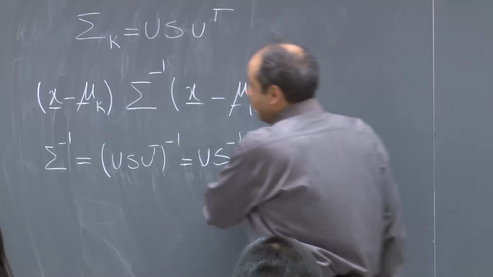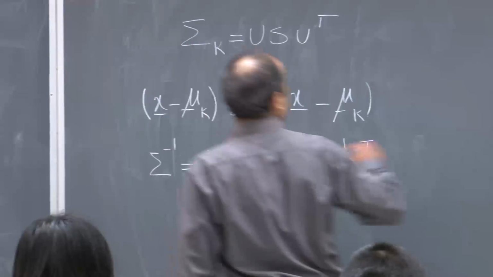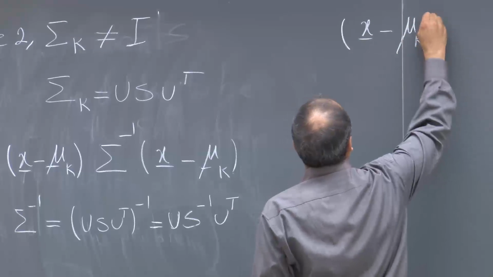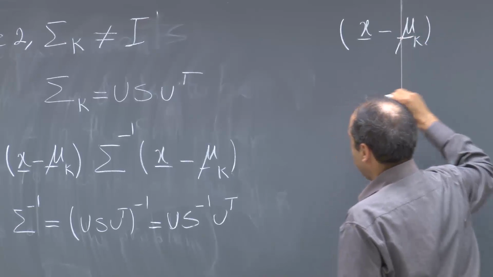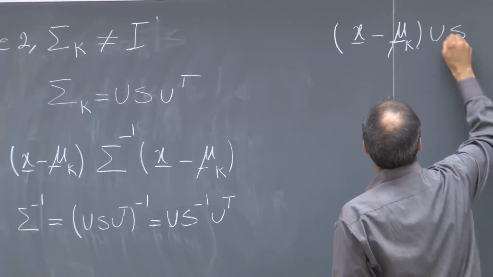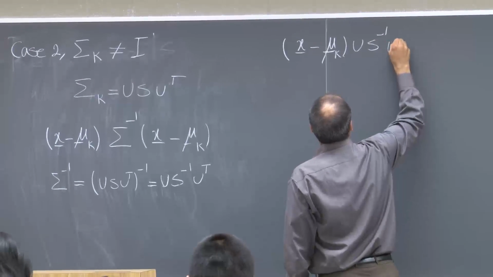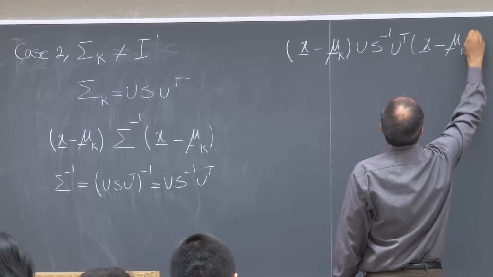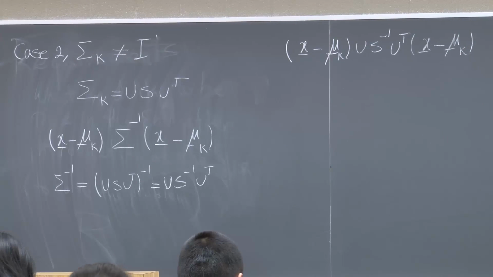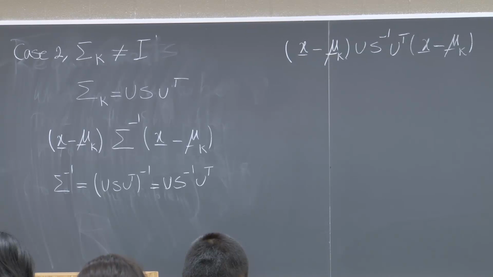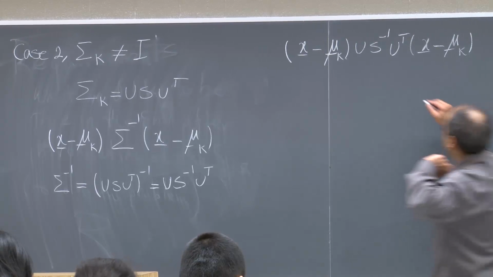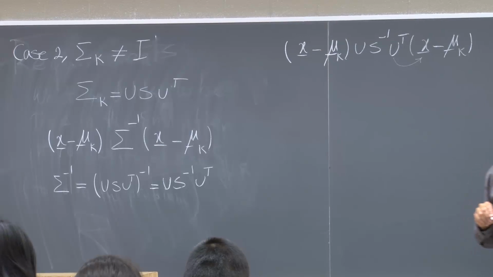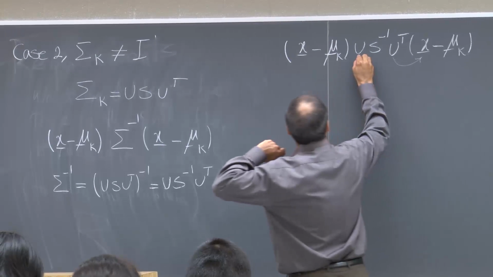Okay, I can substitute this here. It's going to be X minus mu K, U S inverse U transpose, X minus mu K. So next step, I'm going to take this U inside this bracket and this U here.